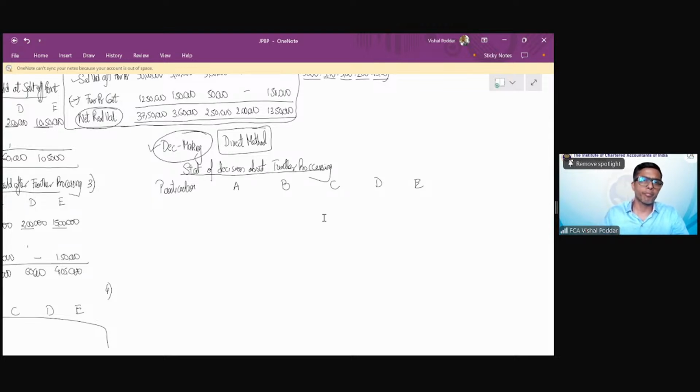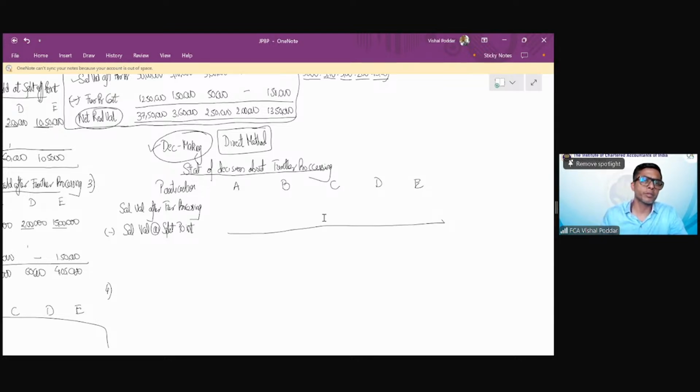So what I will do is, if I simply have to give them the decision without going into the detailings, I follow this format. What is this format? Sales value after further processing minus sales value at split off point, difference.